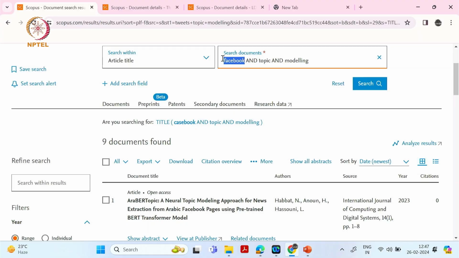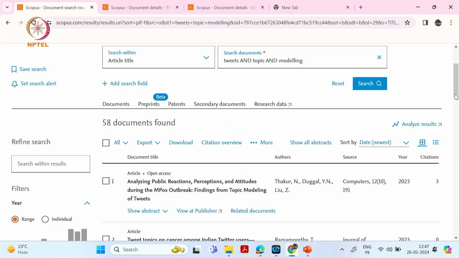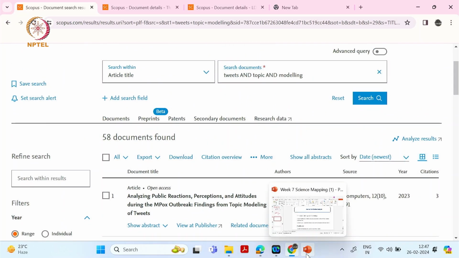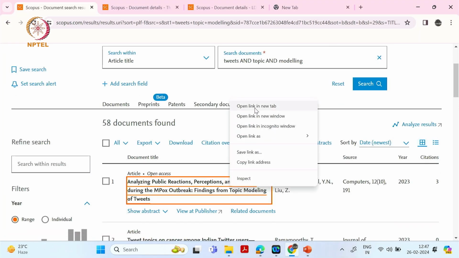So let us take one example of journal co-citations. These are the 58 documents on this tweets-based topic modeling. So let's take this as an example.